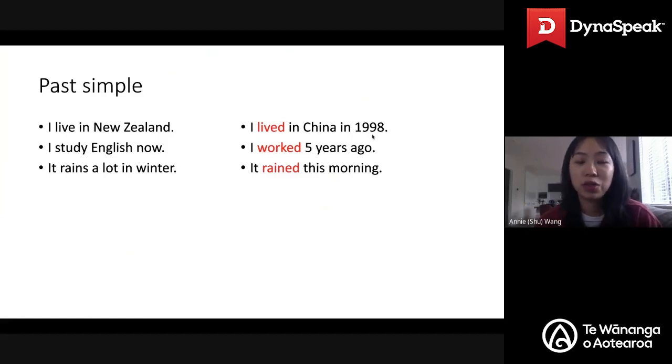We cannot use present simple anymore. We need to change the sentence to past simple, so we need to change the verb to the past tense. Then the sentence is I lived. So after E, we add D: I lived in China in 1998.